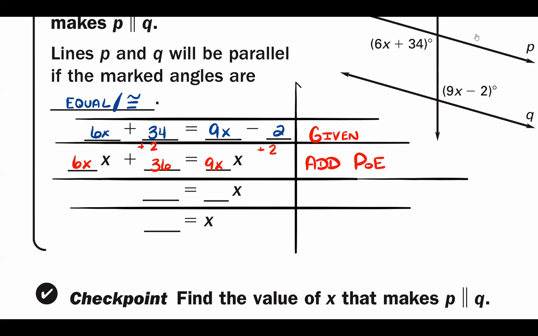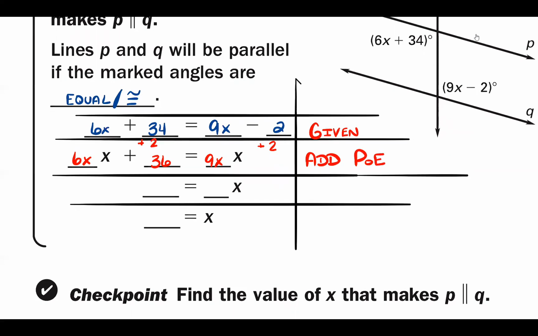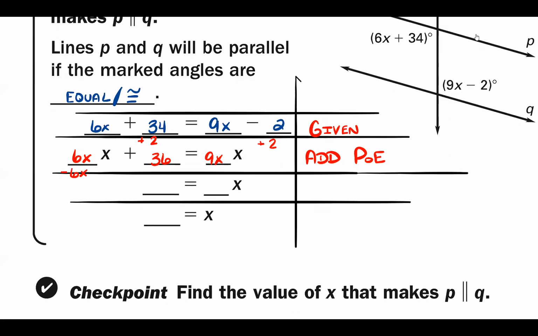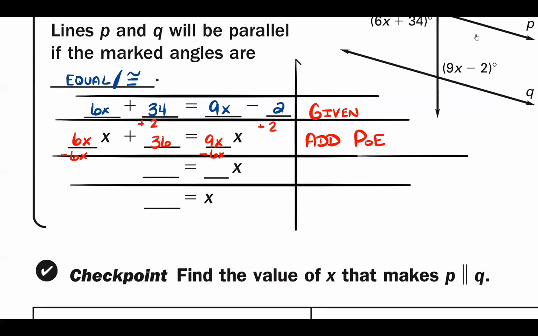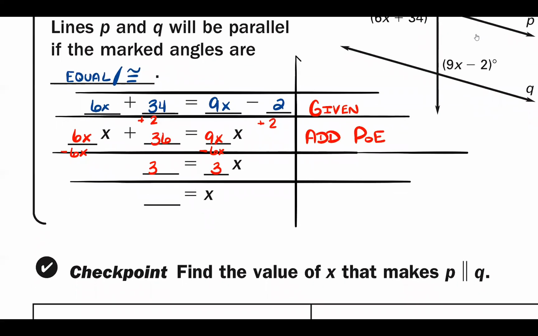What do they do next? Subtract what? Subtract. So the x stayed on the right side, Ethan, so we know they subtracted 6x. So 3x and 36. What's our justification for that step? Subtraction property of equality.